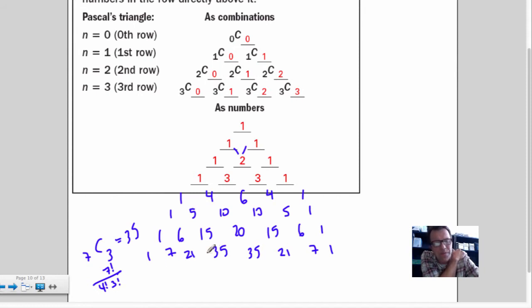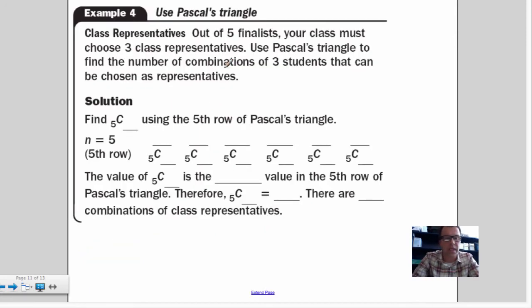But again, somebody was like, that is really nifty that this Pascal's triangle matches up with the combinations. And hopefully you agree that's pretty nifty. So here we go. And again, I understand you have a calculator, so it's not as exciting. But the binomial theorem, which we'll do next after break, hopefully you'll be a little bit more turned on by it.